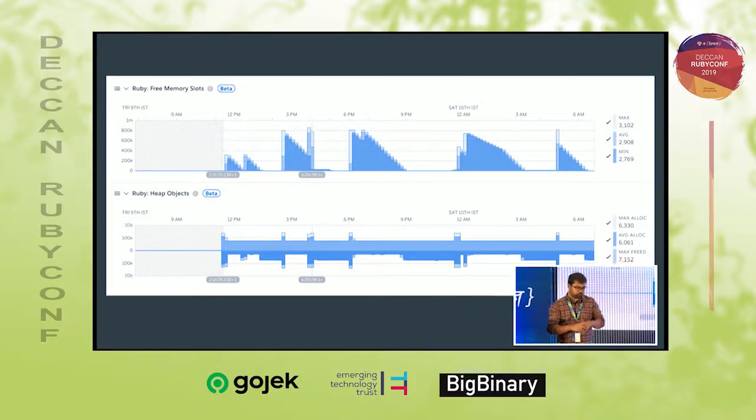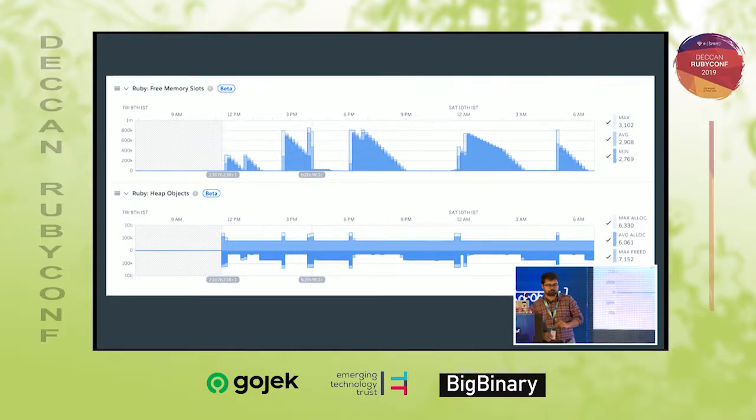Like on Saturday the 10th, at 12 AM the free memory slots were quite high, and then steadily declined. Ruby takes quite a lot of memory in chunks from the operating system, and when giving back, it also follows that principle. It gives back in steps, in chunks.